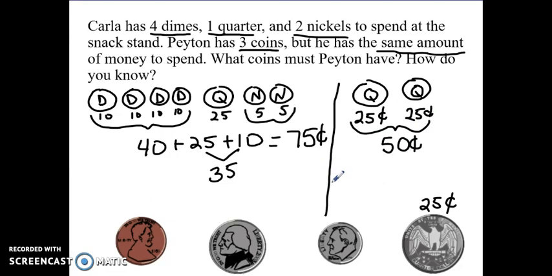So now I've used 2 coins. I only can use 1 more coin. If I look at 50 and 75, I can see that the difference between 75 and 50 is 25 cents.